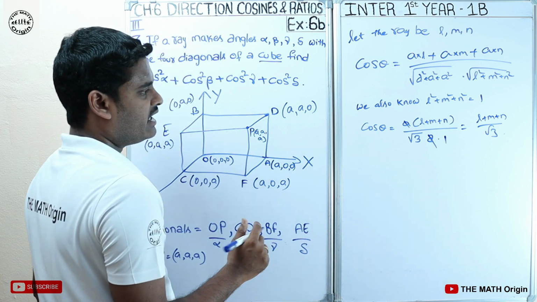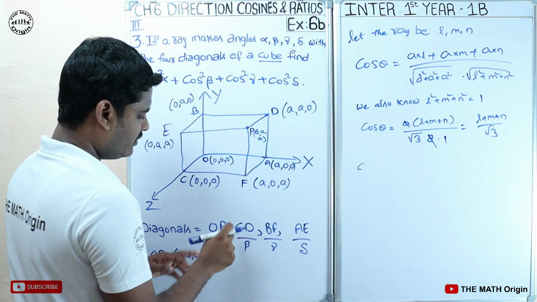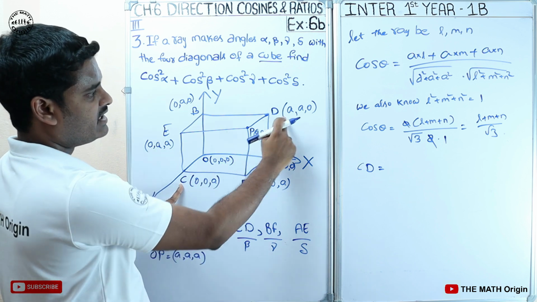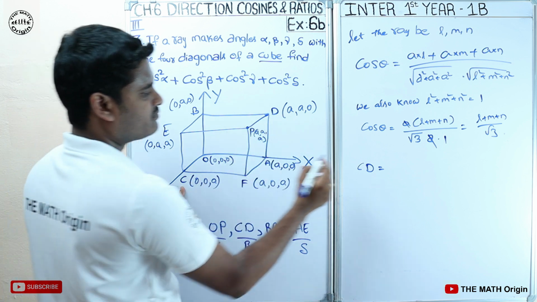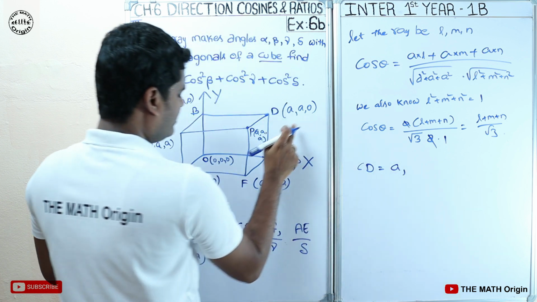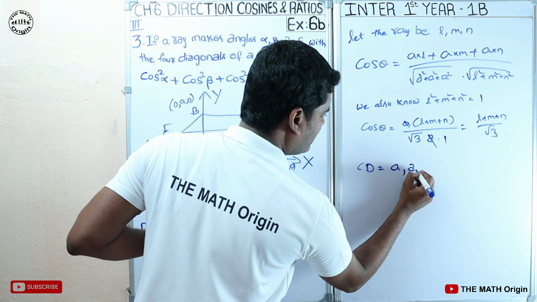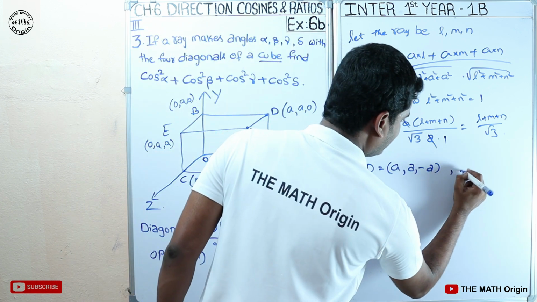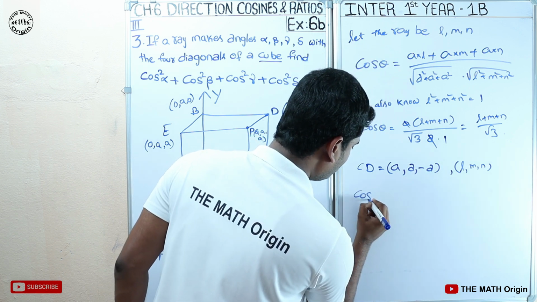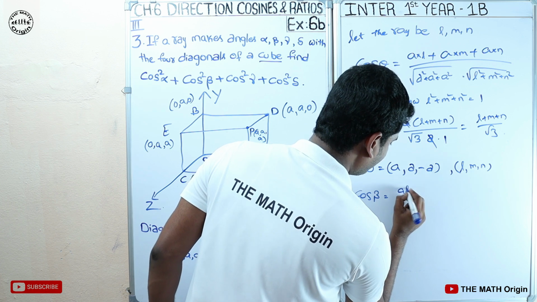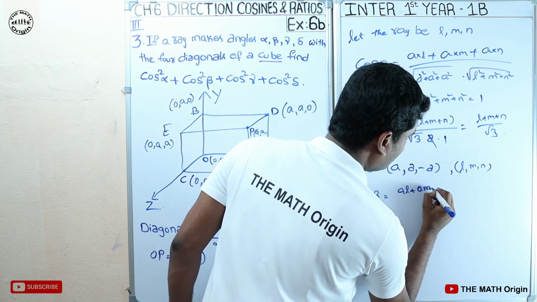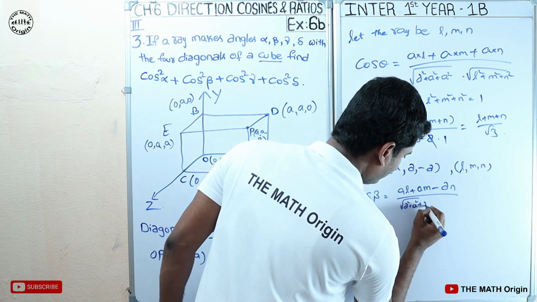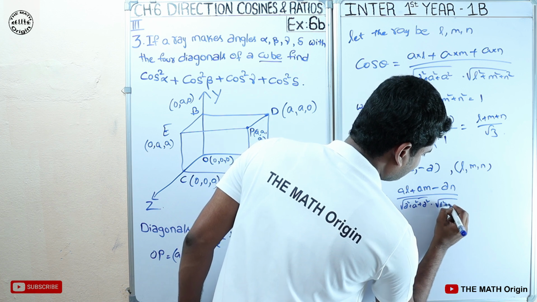Okay, cos alpha. Next, the value for CD. What will the direction ratio of CD be? Be careful. x2 minus x1 is a minus 0, which is a. y2 minus y1 is a minus 0, which is a. And z2 minus z1 is 0 minus a, which is minus a. So we have a, a, minus a and also we have l, m, n. From this we can find cos beta equals a l plus a m minus a n, by root of a square plus a square plus a square, into root of l square plus m square plus n square.